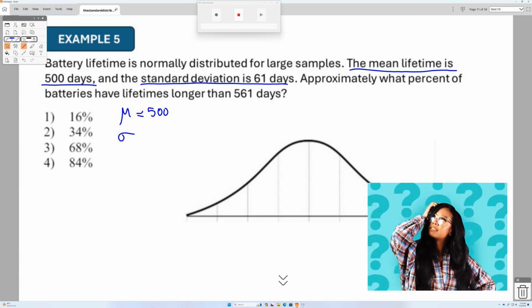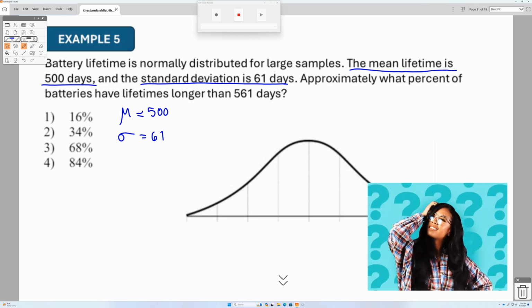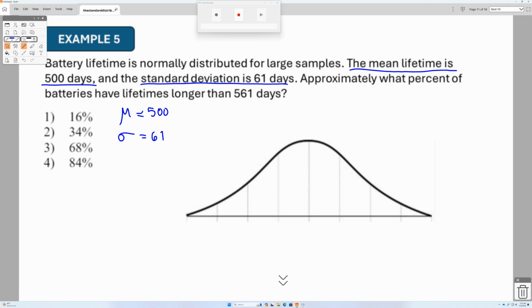Approximately what percent have lifetimes longer than 561 days? 561 days is one standard deviation to the right of the mean.